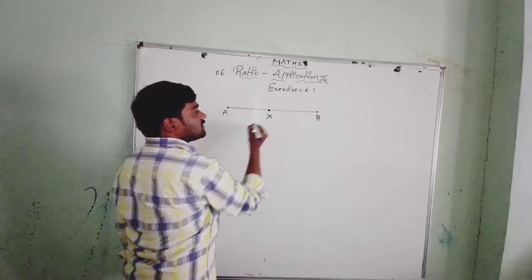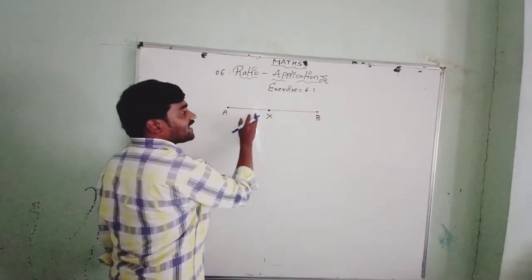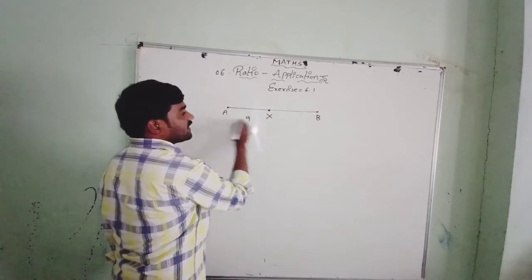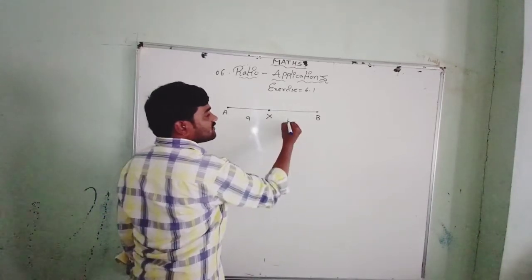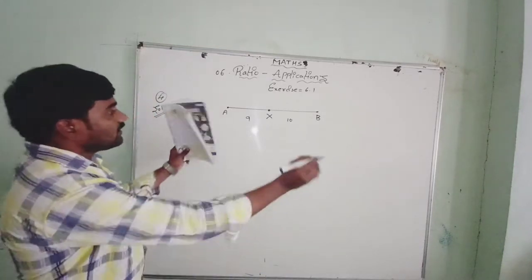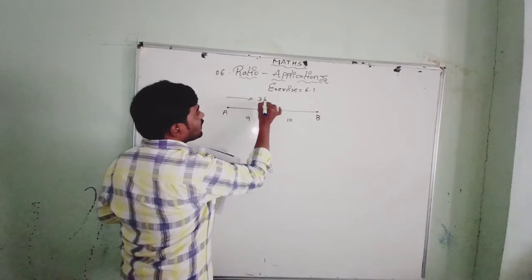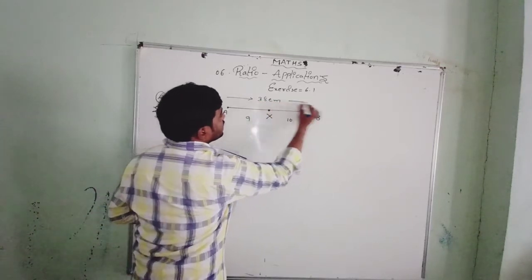This X divides the line segment in the ratio 9:10. That means AX is 9 parts and XB is 10 parts.